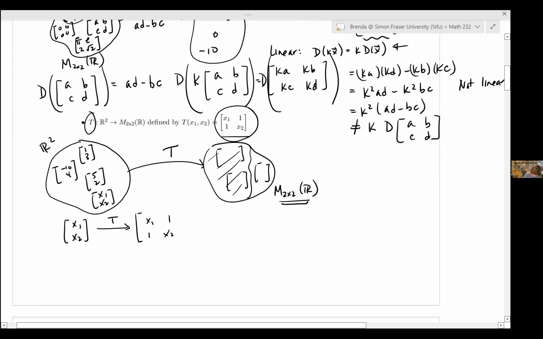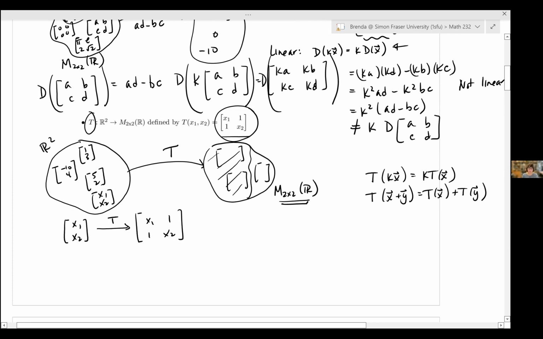Now the question is, is this linear or not? So we check, does it satisfy those properties, that T of kx will equal k T of x, and T of x plus y equals T of x plus T of y.